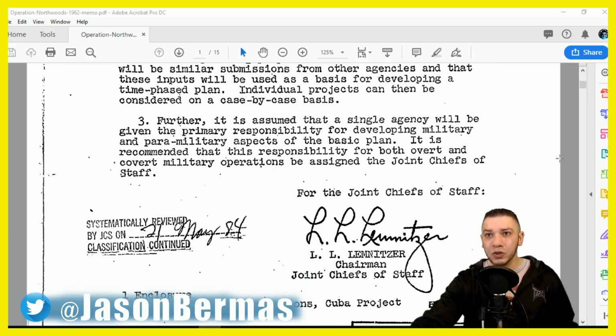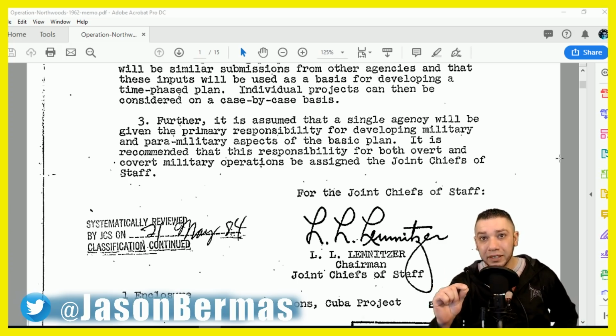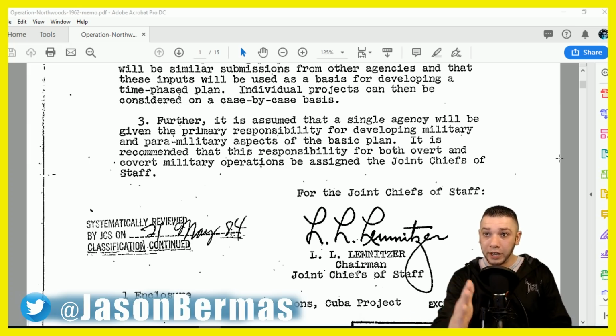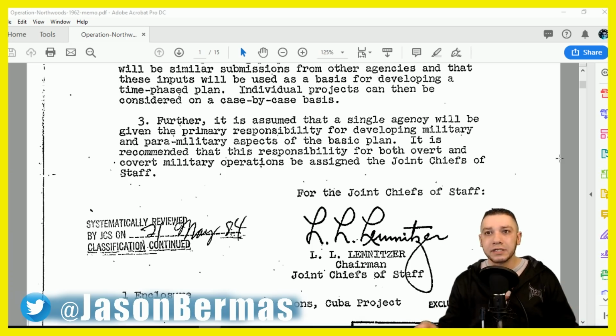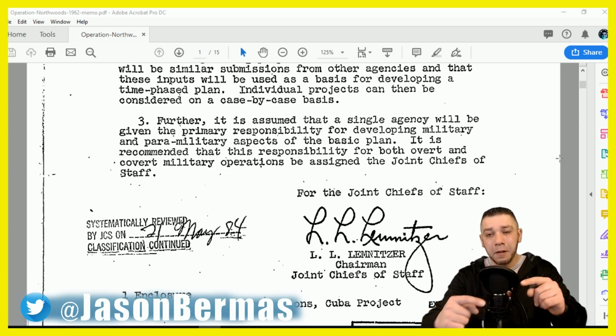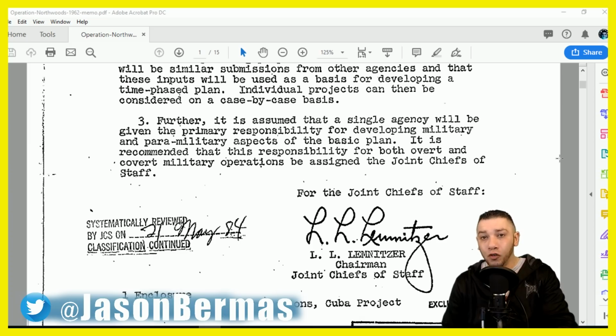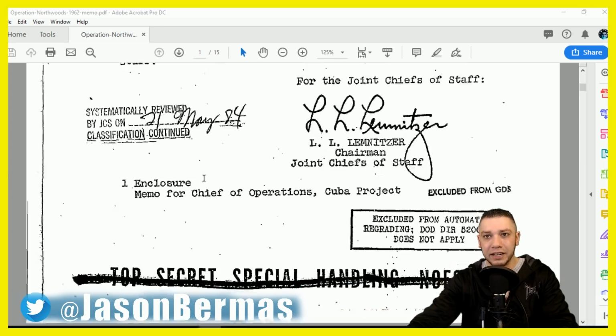Further, it is assumed that a single agency will be given the preliminary responsibility for developing military and paramilitary aspects of the basic plan. So they're going to harness everything from other agencies. Then one agency will be at the top, again compartmentalization, and they'll only know pieces of the plan. You see? That gets elaborated on later while we go through the different proposals. It is recommended that this responsibility for both overt and covert military operations be assigned to the Joint Chiefs of Staff. All right, let's get to the next page.